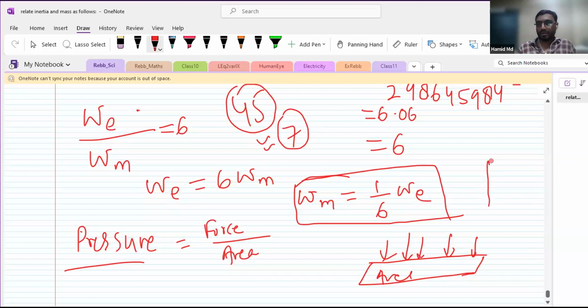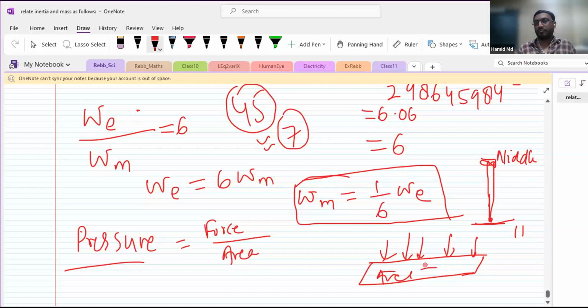Suppose this is a needle with a very thin tip. When we put this on the wall, it will go inside the wall in an easier manner, right? Why? Because all the pressure will be concentrated at this point. That's why it's possible.